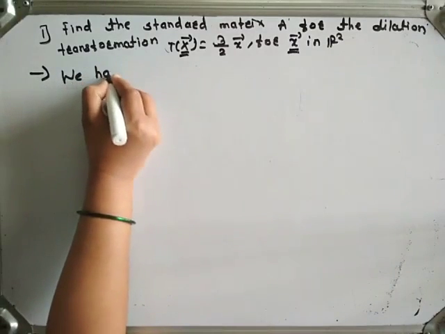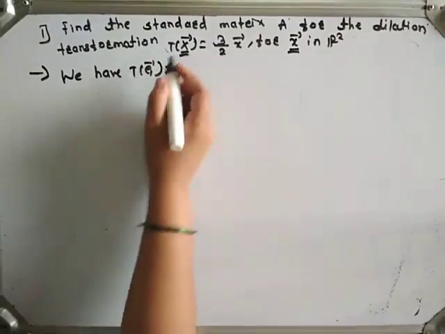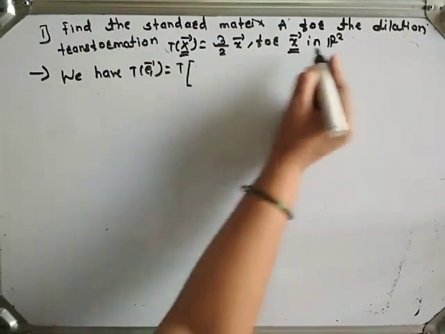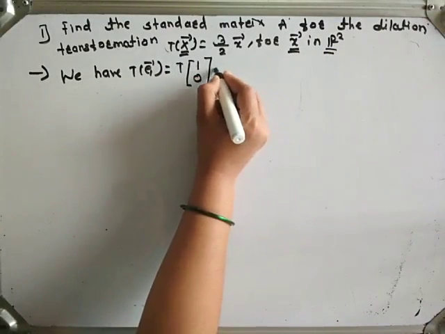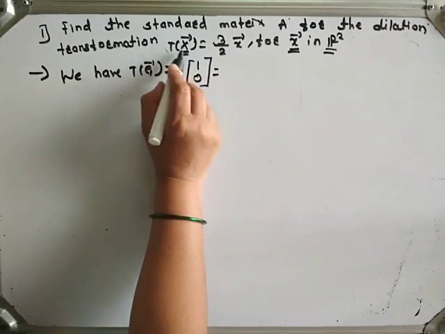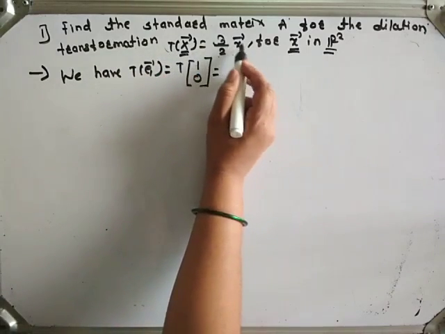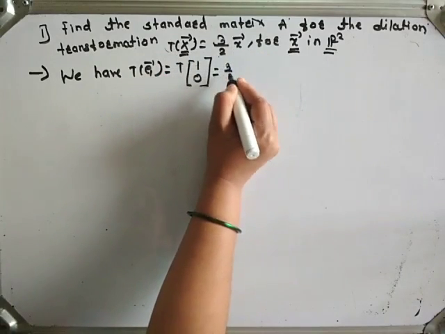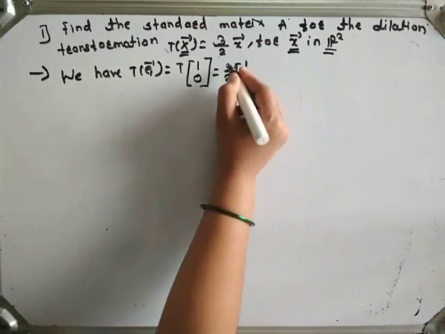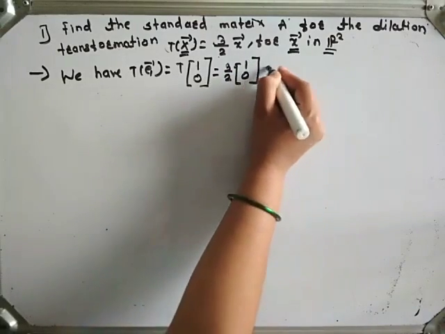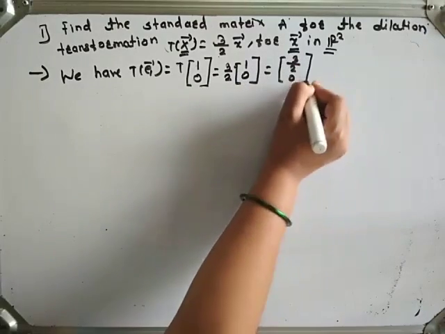We have T of E1 bar is equal to T of 1 0, which is equal to 3/2 into x bar, that is 3/2 into matrix 1 0, which is nothing but 3/2 0.